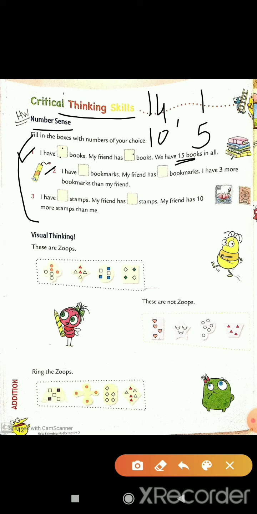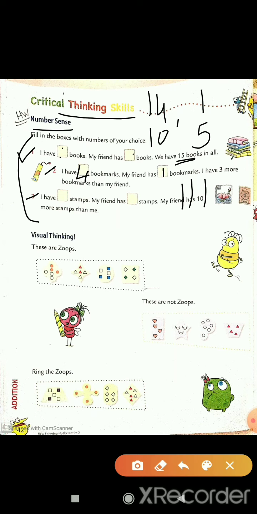Suppose your friend has 1 bookmark, you have 3 more. So 1, then 2, 3 and 4. So you have 4 bookmarks. You can write any numbers, but remember you should have 3 more than your friend. Next, I have dash stamps.